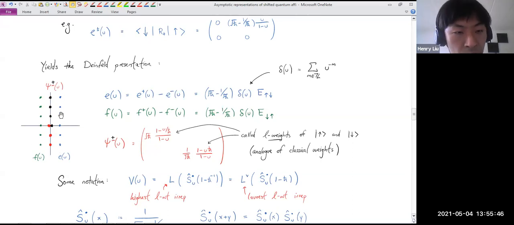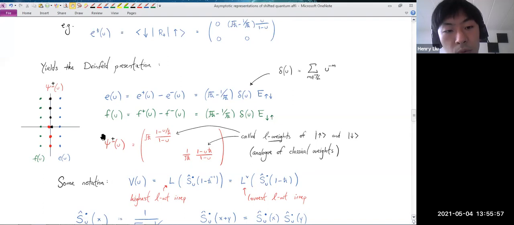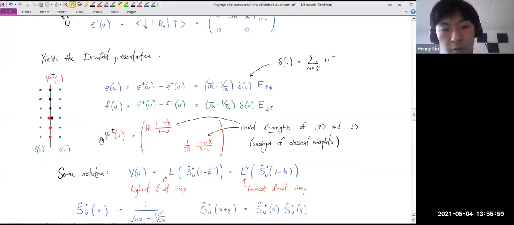Here I've drawn all the coefficients of E arranged by their exponents in u. Here's F. And for various reasons, we don't combine the positive and negative parts of psi. We treat them individually. So psi plus is these black dots, psi minus is these red dots.